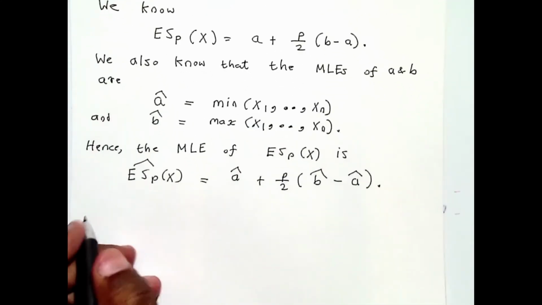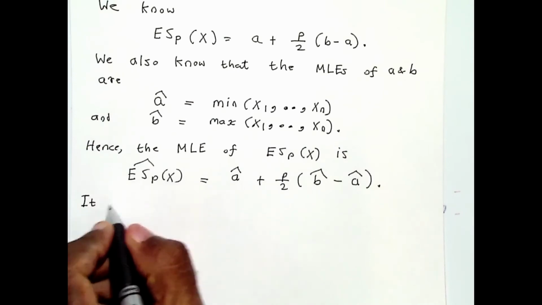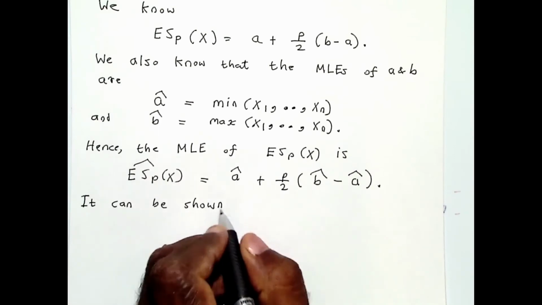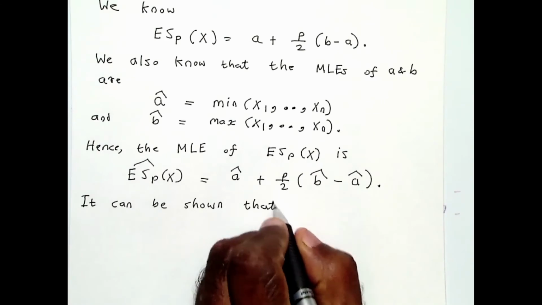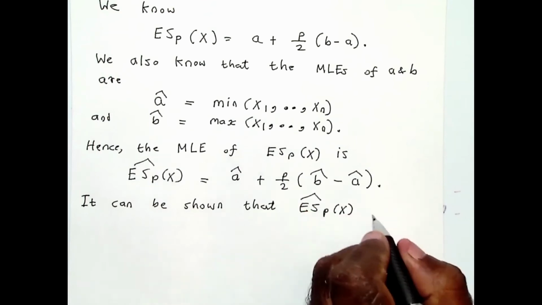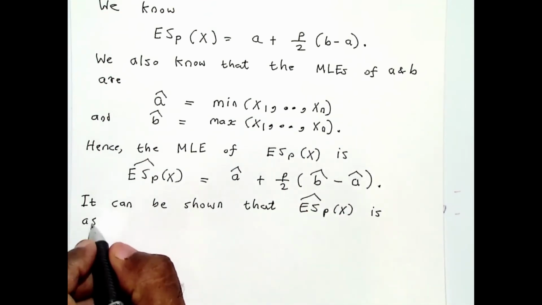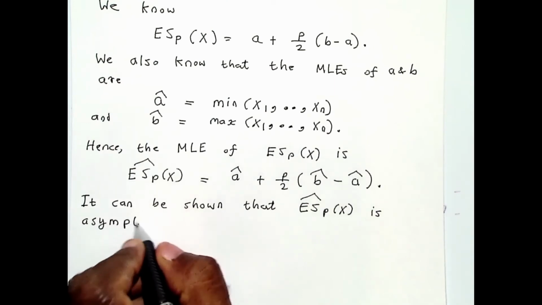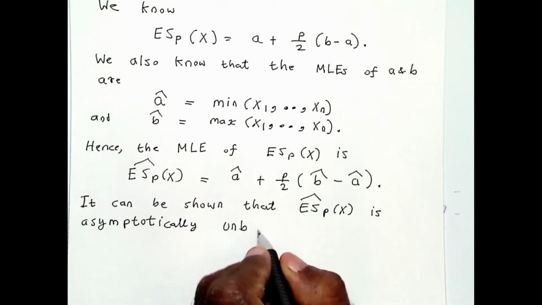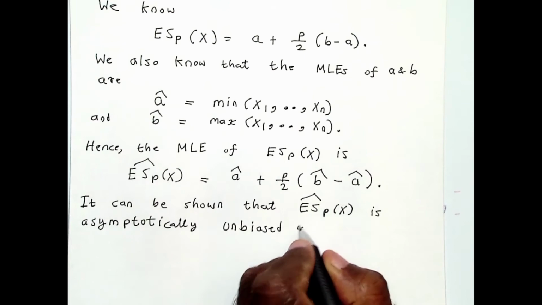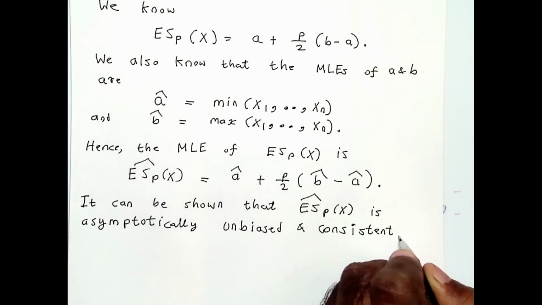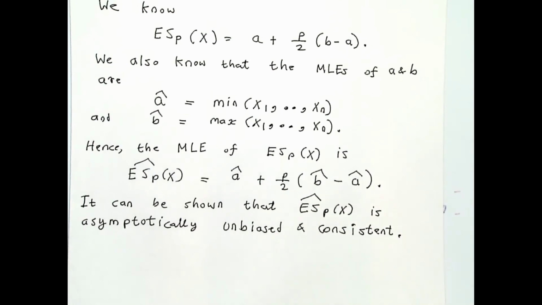And once again, it can be shown, I would like you to try this when you have time, that this estimator is asymptotically unbiased and consistent. Okay, so this is the second method.